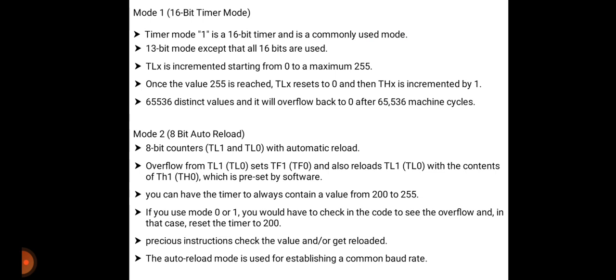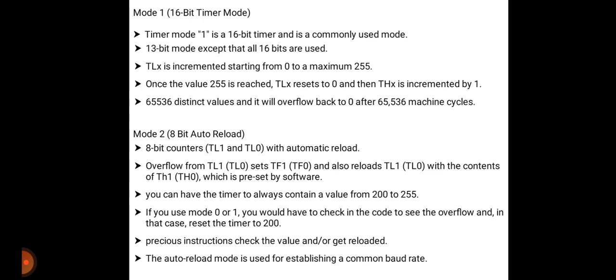It functions in the same way as the 13-bit mode, except that all 16 bits are used. TLX is incremented starting from 0 to the maximum, that is 255. Once the value of 255 is reached, TLX resets to 0 and THX is incremented by 1.